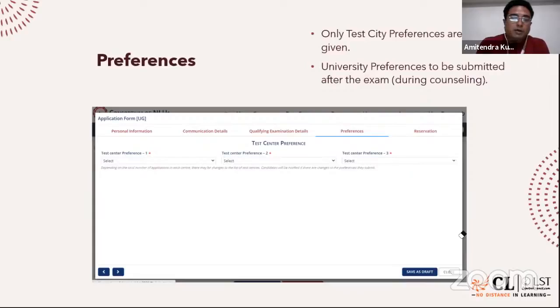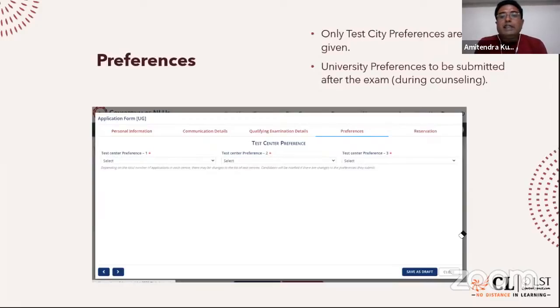For example, NLSIU Bangalore is not providing any reservation as of now. Last year they did try it, but as of now, this is under consideration. It is a subjudicial matter right now. So once the verdict is out, we'll get to know whether they'll continue with reservation or not. But they have retained the intake anyways.